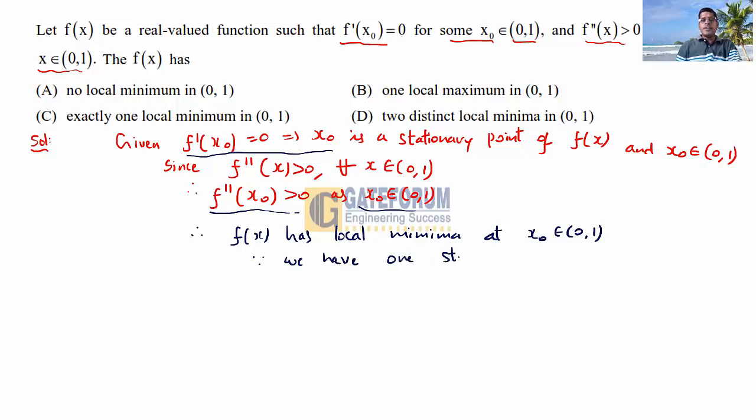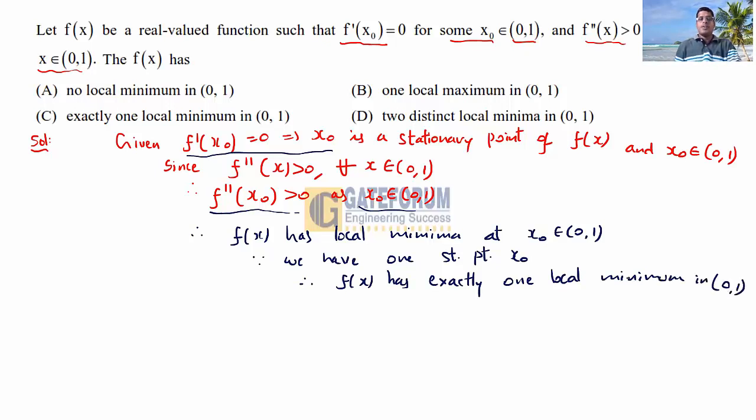Okay. So since we have one STPT, that is ST means stationary, PT means point. Therefore, f of x has exactly one local minimum in open interval 0 comma 1. And moreover here, given for some x naught belongs to 0, 1. Some means it is the only stationary point you can write here directly.